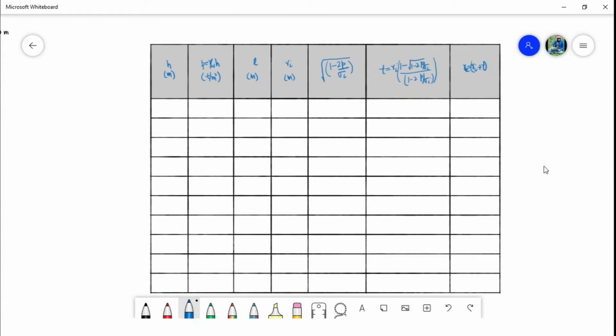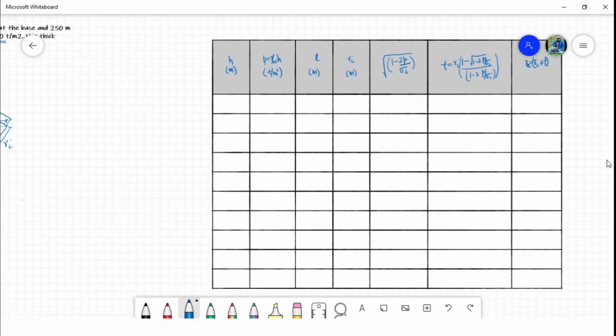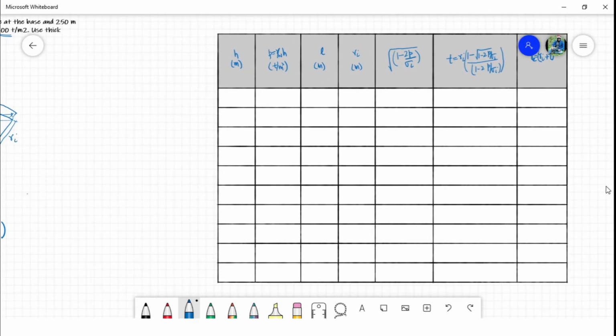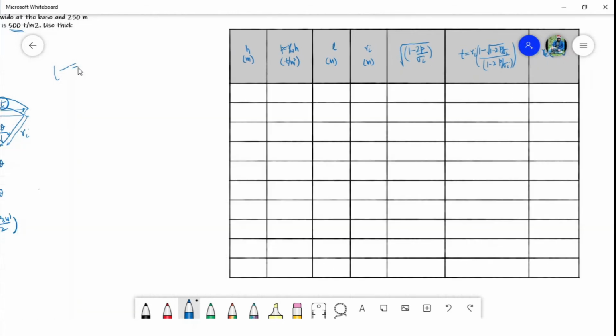if we use the thick cylinder theory, and if you remember that in the previous lecture I have derived the expression for thickness: T equal to Ri times (1 minus under root (1 minus 2P over sigma I)) over under root (1 minus 2P over sigma I).